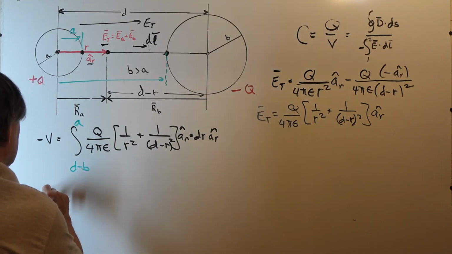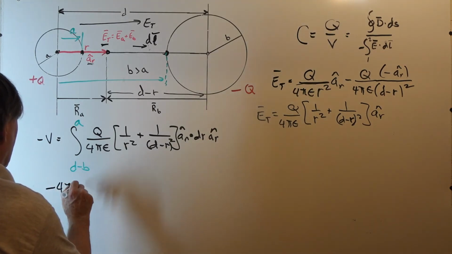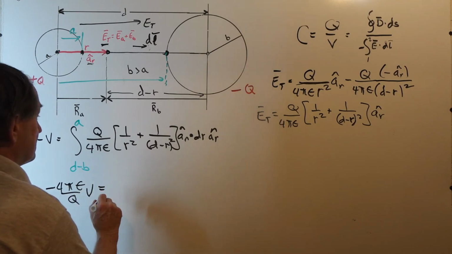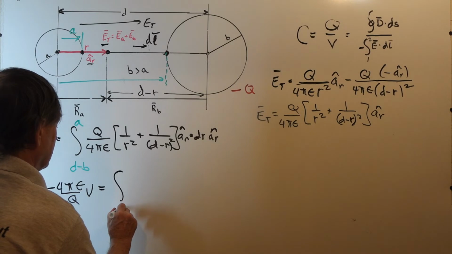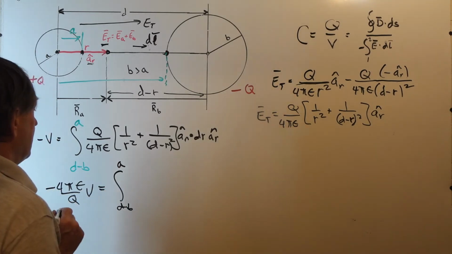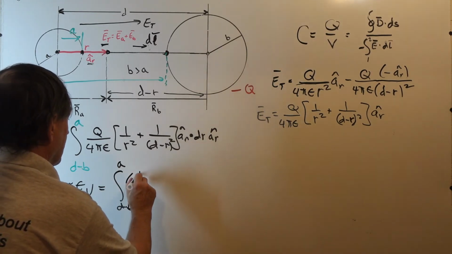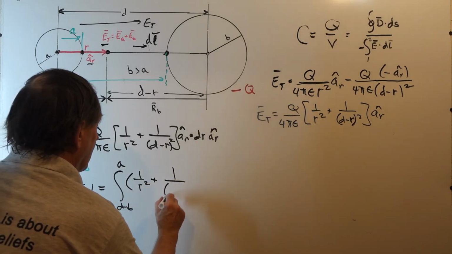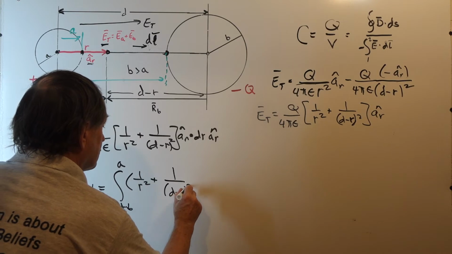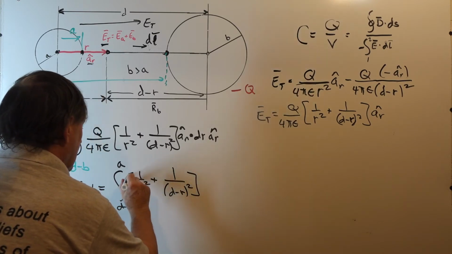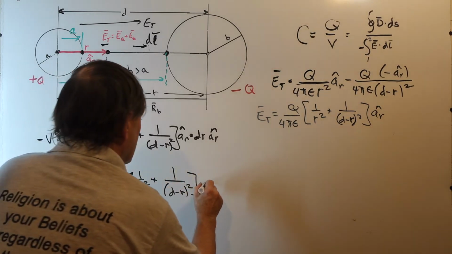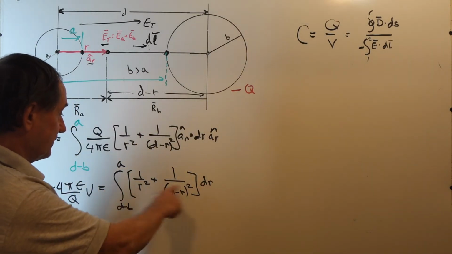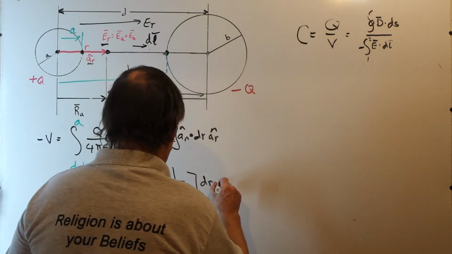So I'm going to write this as minus 4 pi epsilon over q times v, which is equal to the integral from d minus b to a of 1 over r squared plus 1 over (d minus r) squared dr. I can now expand this integral out as the sum of two integrals.